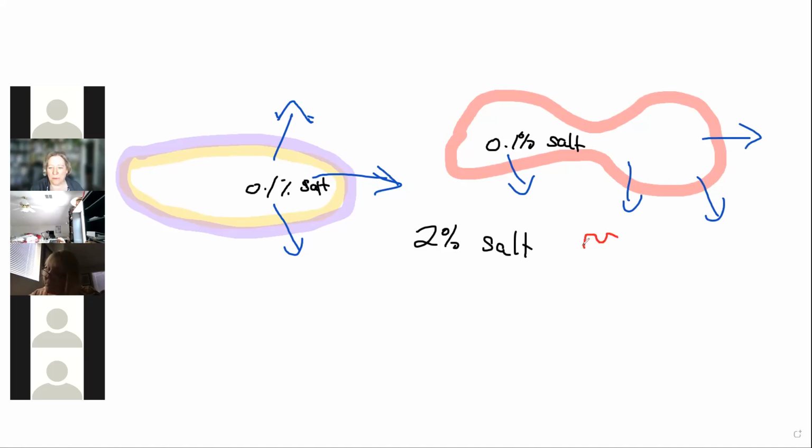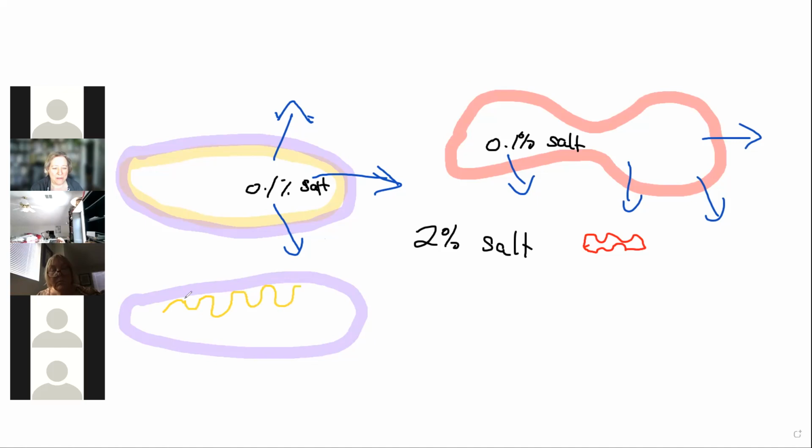And so my poor little red blood cells are going to shrivel up like little red blood cell raisins. The same thing is going to happen to bacteria that are not adapted to living in the ocean. This cell wall can't shrivel up, but inside, my poor little bacterium is going to shrivel up inside of its cell wall.